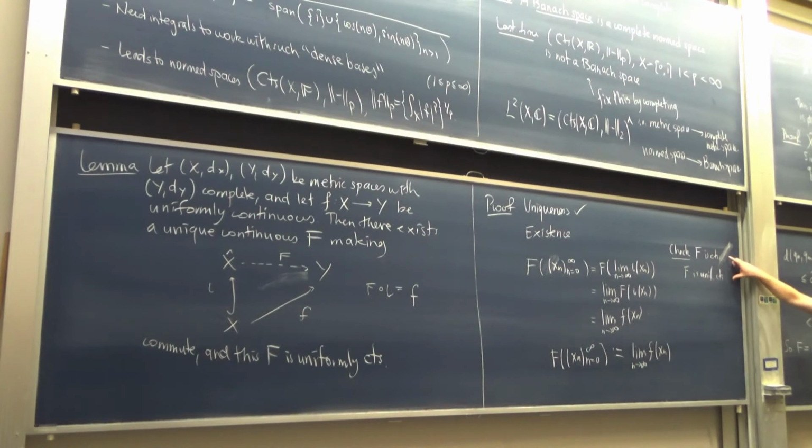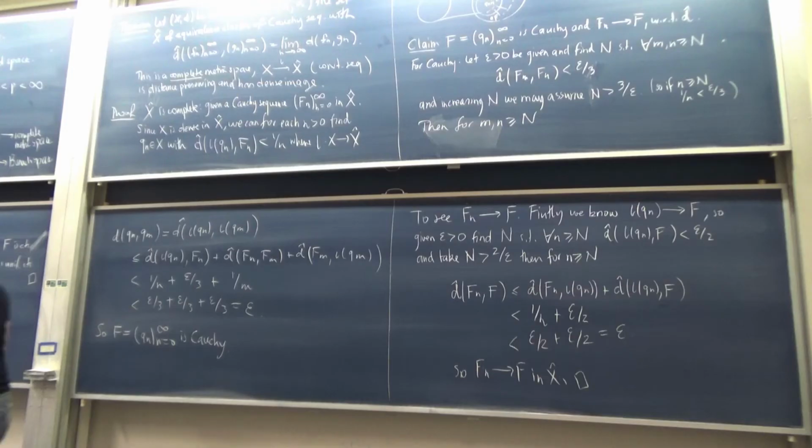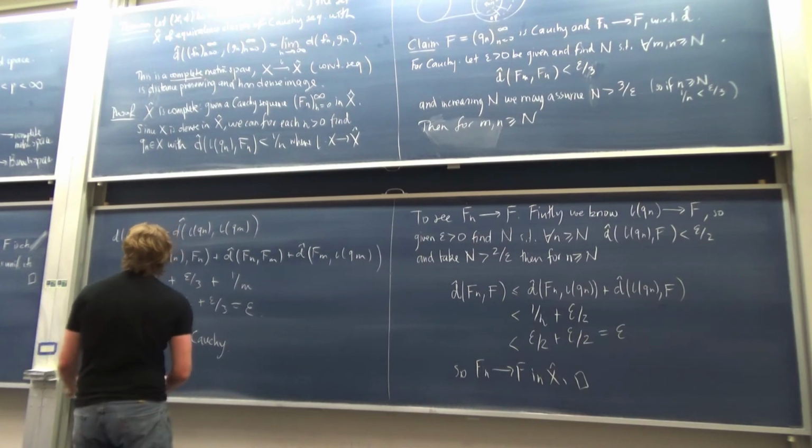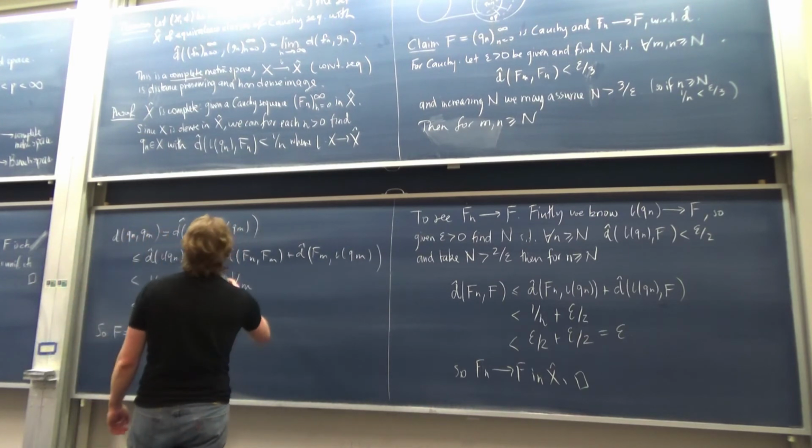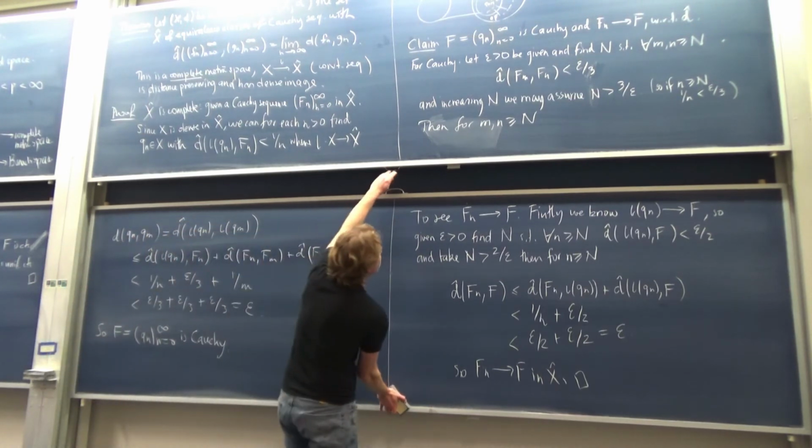This would be a perfectly reasonable exam question, to sit you down and say, prove those two points. You should be able to do that. That's routine at this point. So I'm going to skip it. All right. So that means that we've got this ability to lift maps from a metric space to its completion.